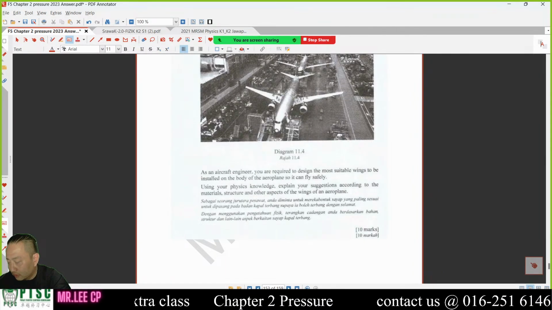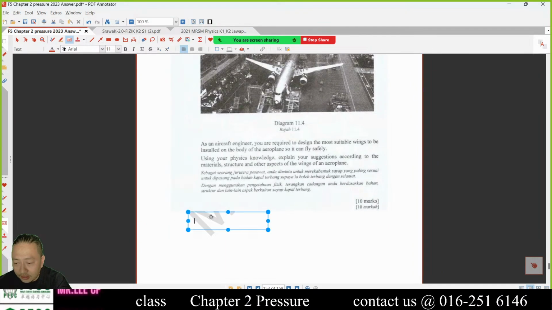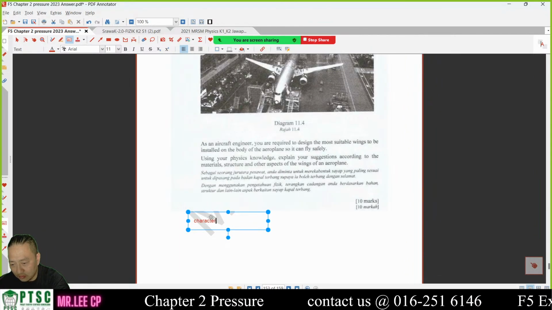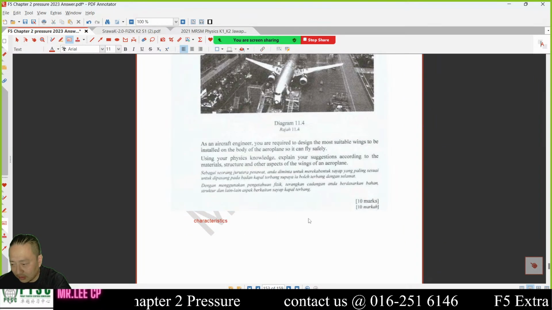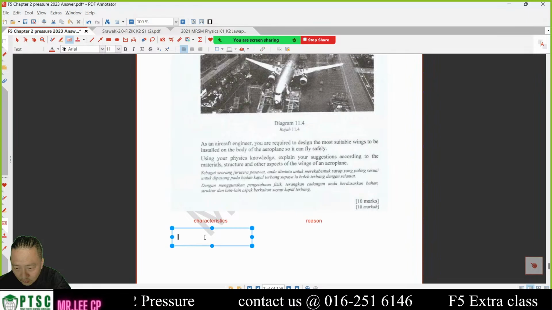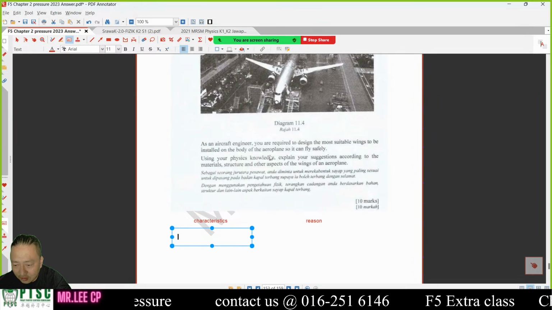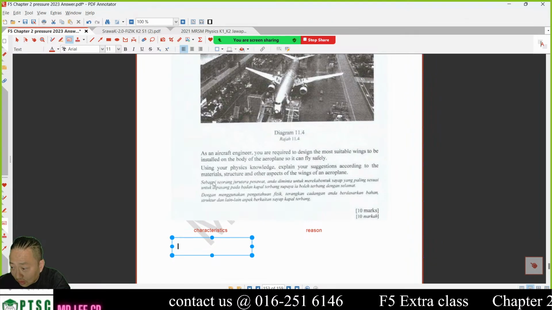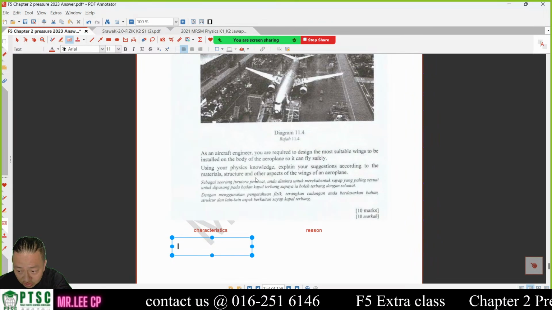Now, characteristic, and then here, reason. What is your characteristic? You want to build an aeroplane, all right? According to the material, structure, and other aspects.